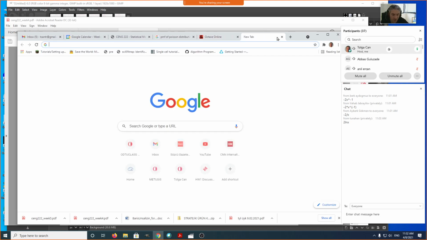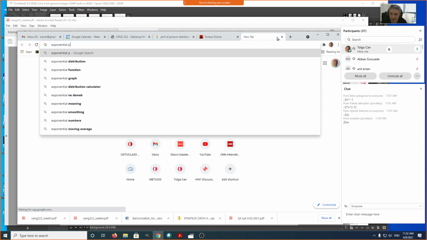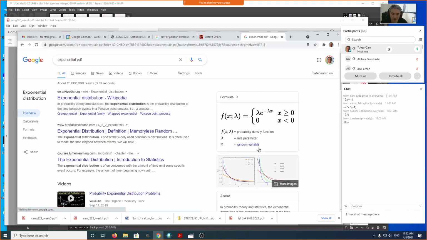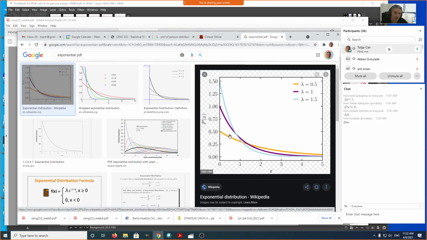So let's look at the exponential, and I'm going to end the lecture after that. Exponential PDF. If you look at some images, here is one image. The PDF looks like a decreasing function like this. This is the probability density function.